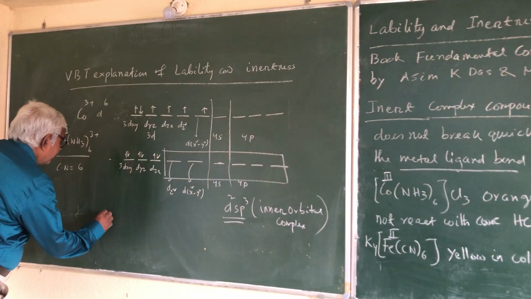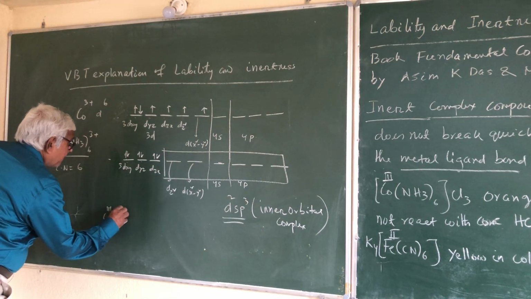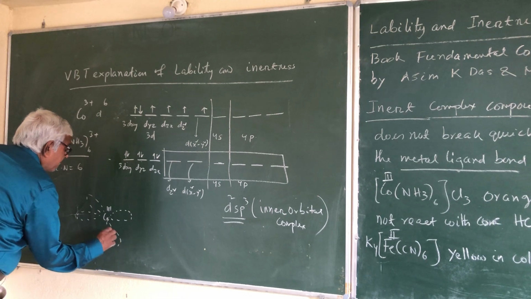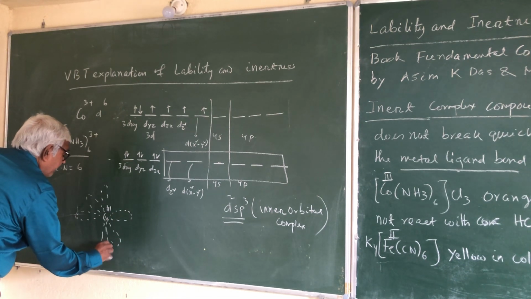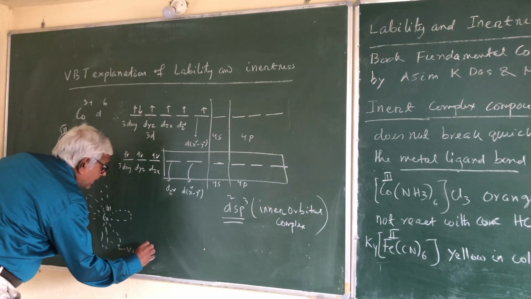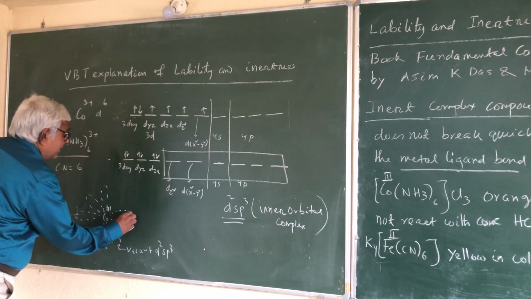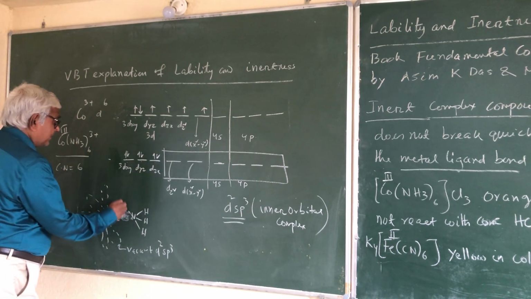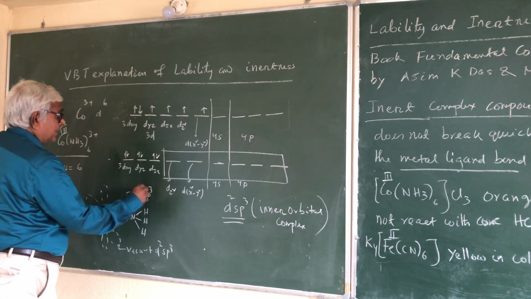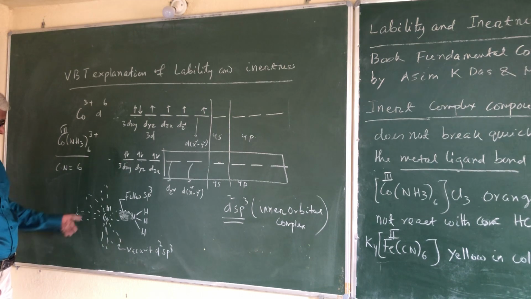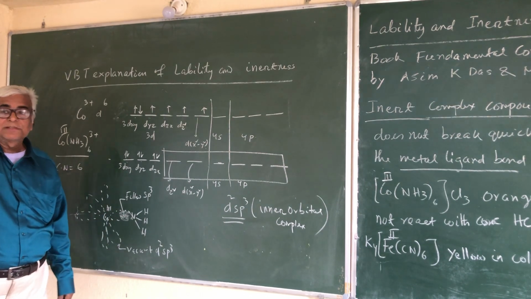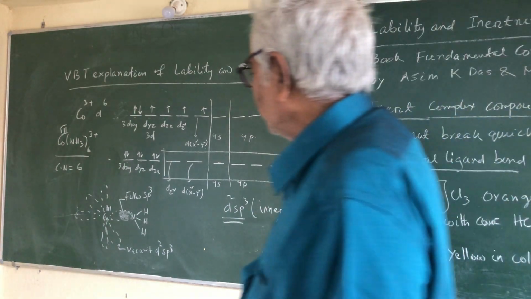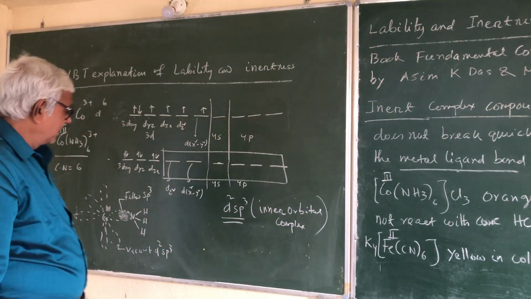Now these are vacant d2sp3 orbitals. Ammonia's filled sp3 orbital can overlap with the vacant d2sp3 orbital, producing the cobalt(III)-ammonia sigma bond. So the cobalt(III)-ammonia sigma bond is produced by the overlap of the vacant d2sp3 orbital of cobalt and the filled sp3 orbital of ammonia.